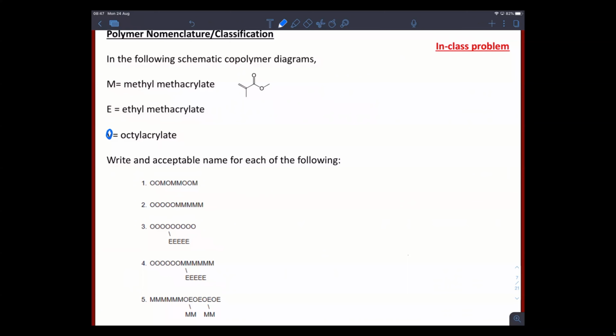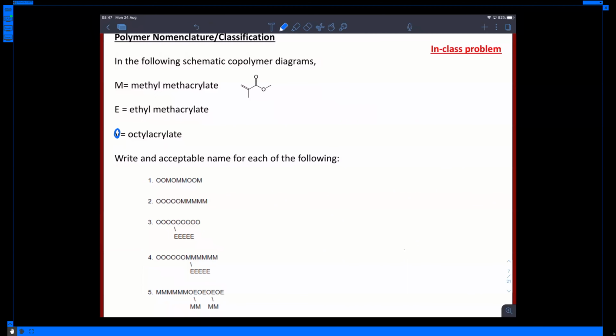So has anyone got the answer to the first one yet? Still working on it. Random copoly OM. Yeah, good.